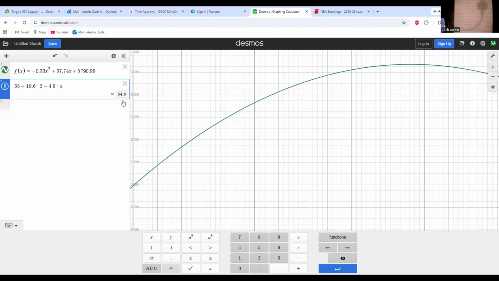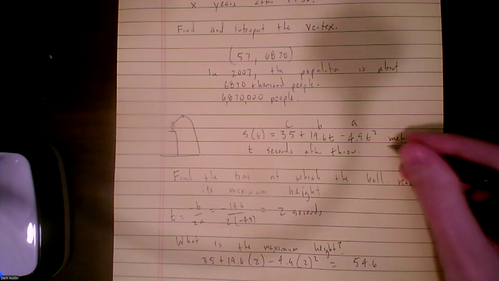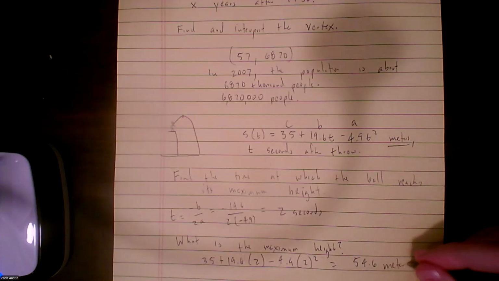And again, pay attention to your units. Whoops, let me switch back. So in this case, my units are in meters, so this is our height in meters.